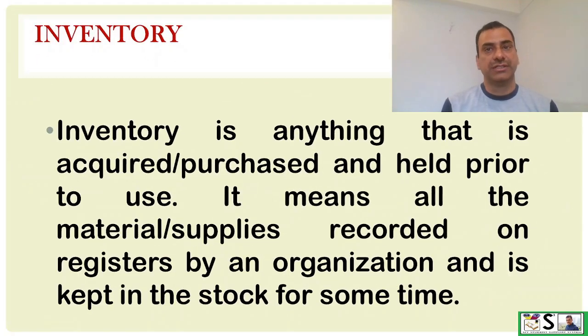Inventory is anything that is acquired, purchased, and held prior to its use. It means all the material and supplies which are kept and recorded on registers by an organization and kept in stock for some time before their actual use. Then it is inventory.